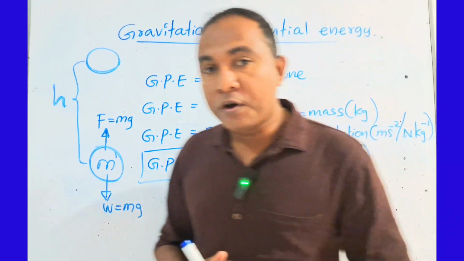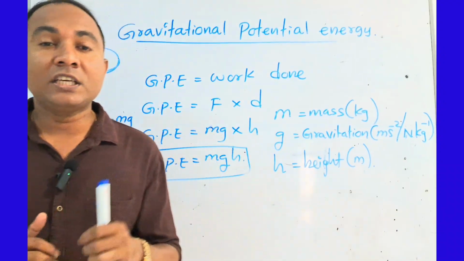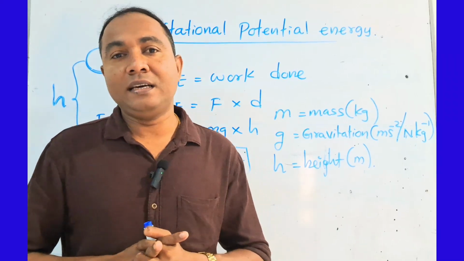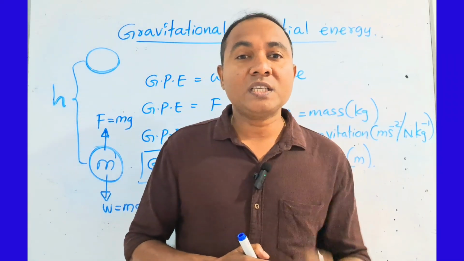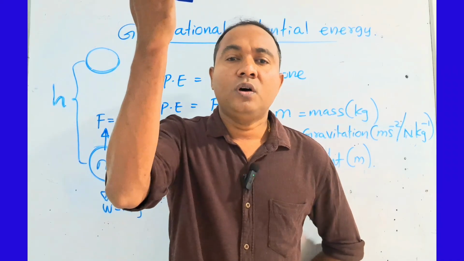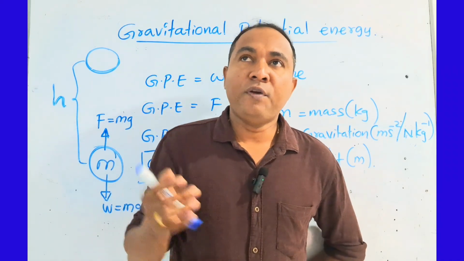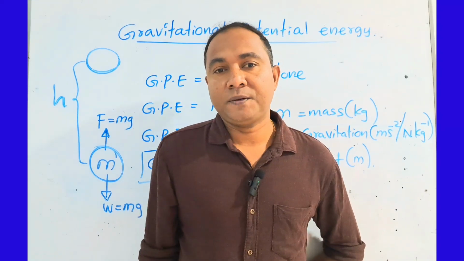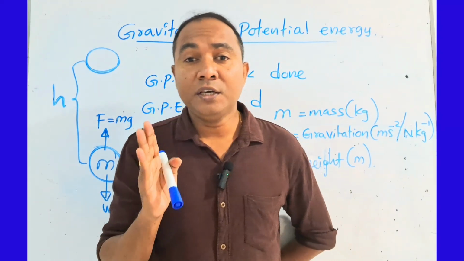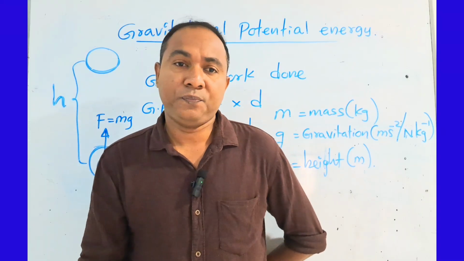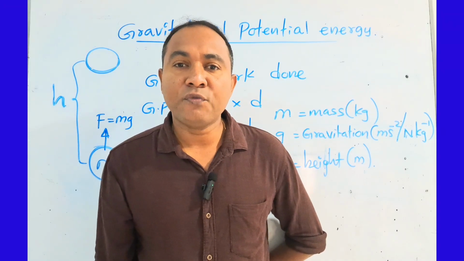Right. Then I am going to explain the relationship between kinetic energy and gravitational potential energy, that is, energy transformation. You must remember when an object moves vertically upwards or when an object falls from some height, there is an energy transformation. And here you should learn the law of conservation of energy.